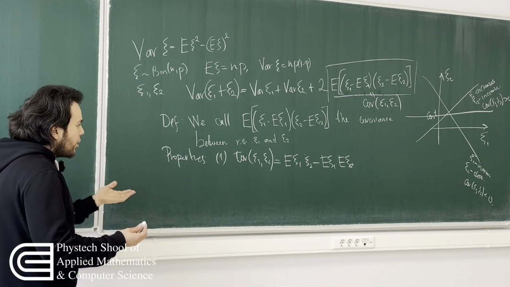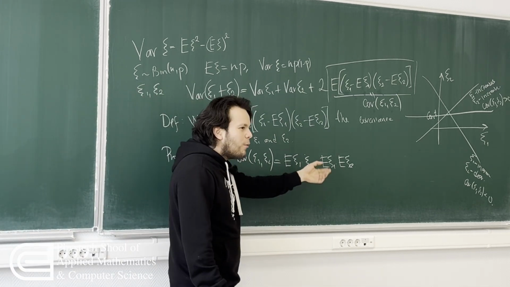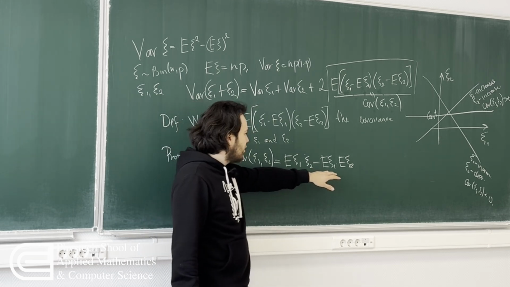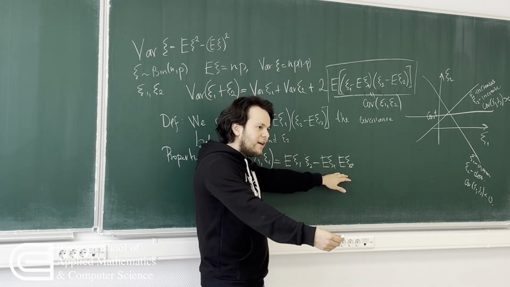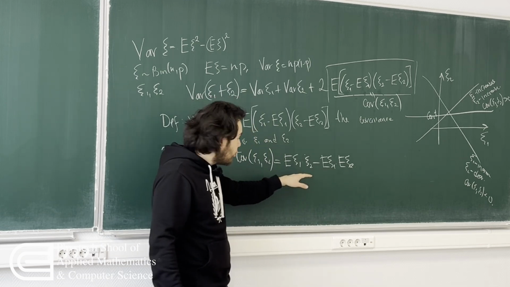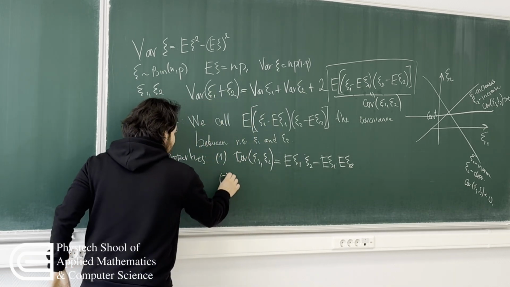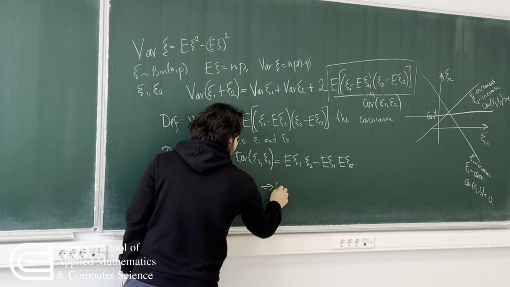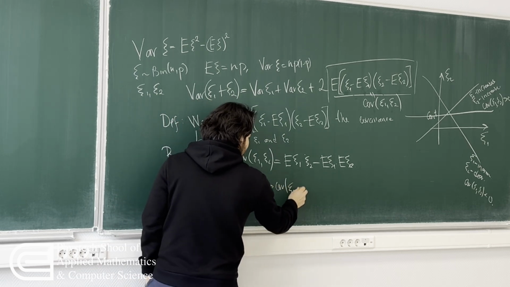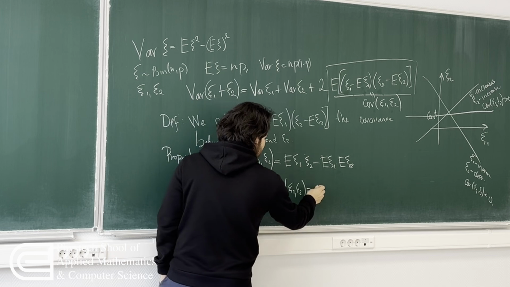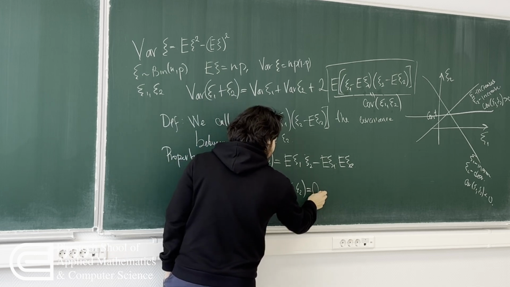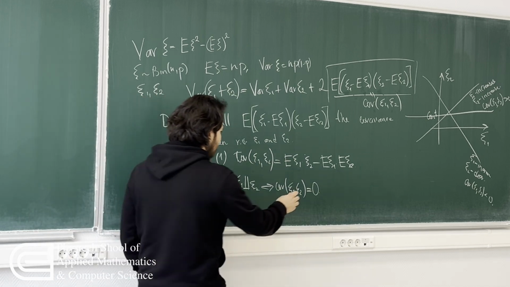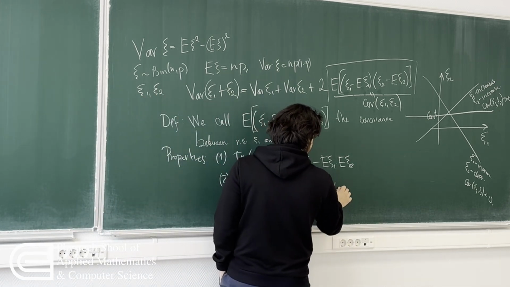Now, we already know that if psi1 and psi2 are independent, then the expected value of the product is equal to the product of their expected values. So this will be 0. So this is property number 2, that if psi1 and psi2 are independent, then the covariance between psi1 and psi2 will be equal to 0.